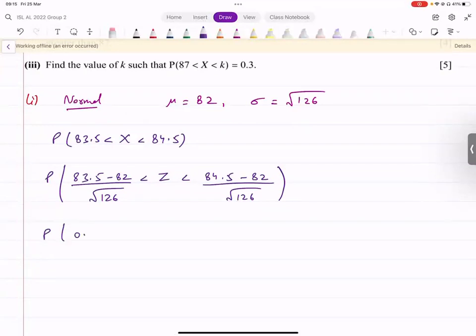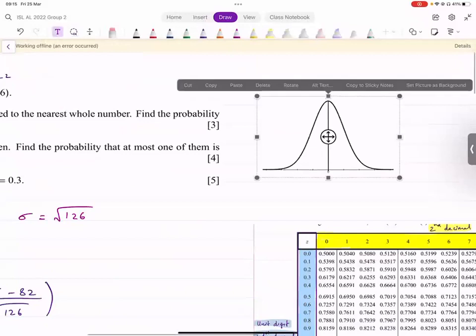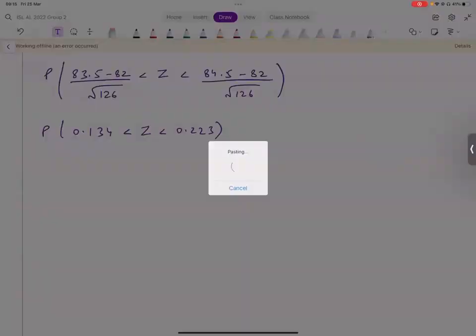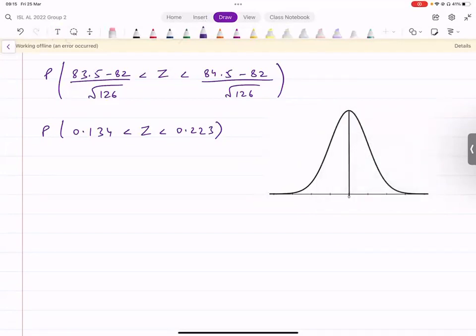0.134 and 0.223. ठीक है? So if you look at the curve for this, normal distribution curve अगर उसका सोचें, we are basically looking for region between two values of z. तो अगर एक value यहाँ पे मेरे पास होती, let's say 0.134, and I had another value here which was, I don't know, 0.223. इन दोनों के दरमियान में probability find करनी है. ठीक है?